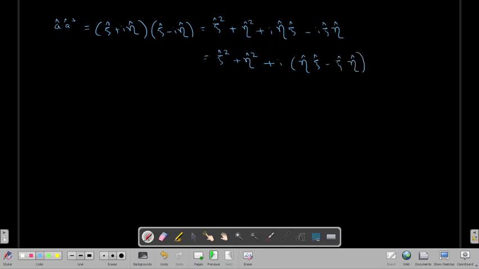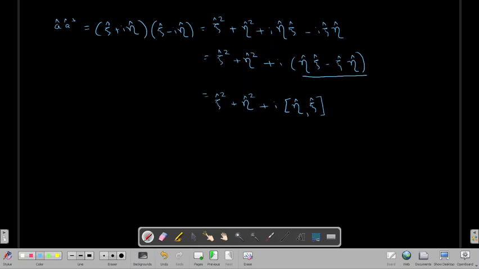Okay, so you can see that I can write this as a commutator bracket. So this will be equal to xi square plus eta square plus I into the commutator of eta comma xi.